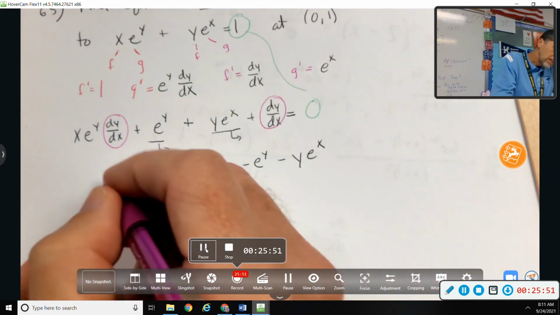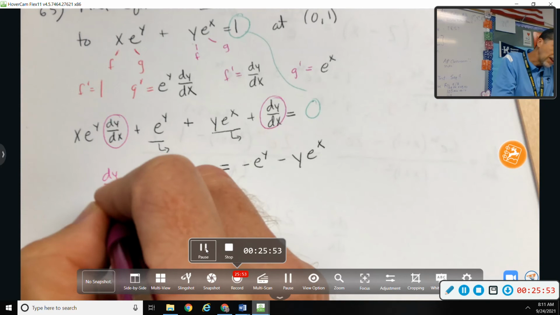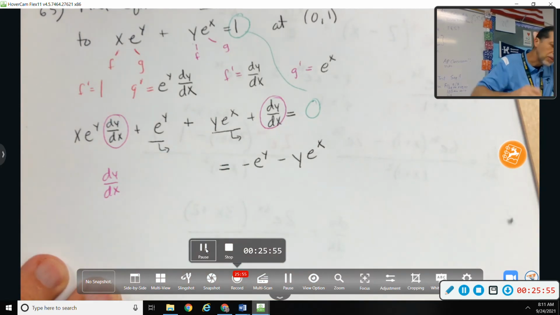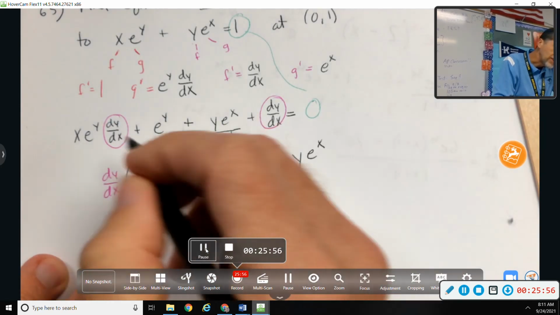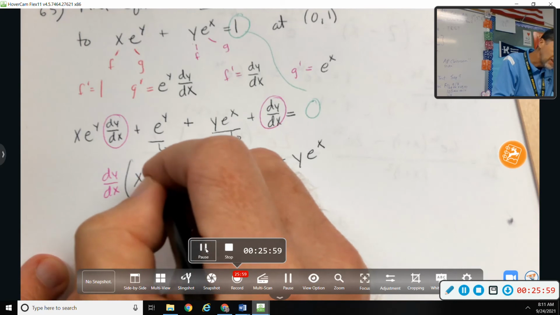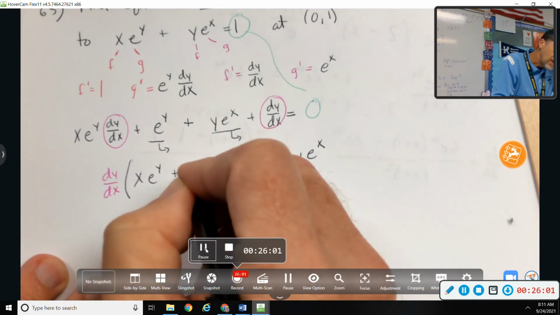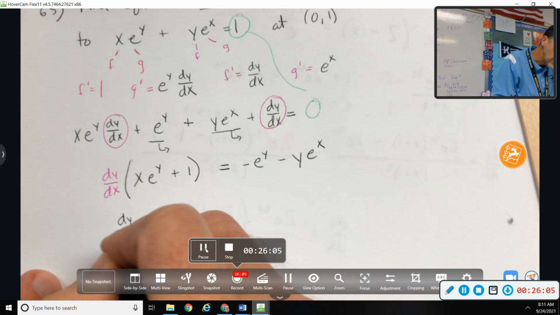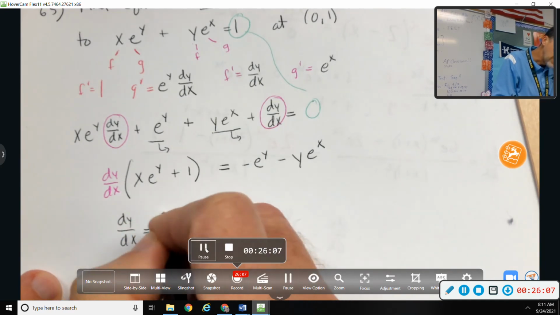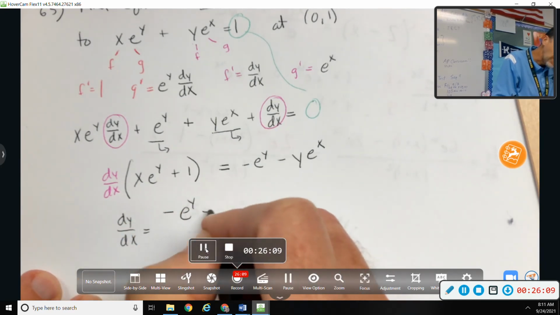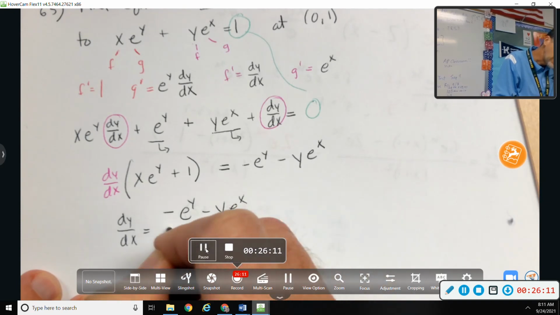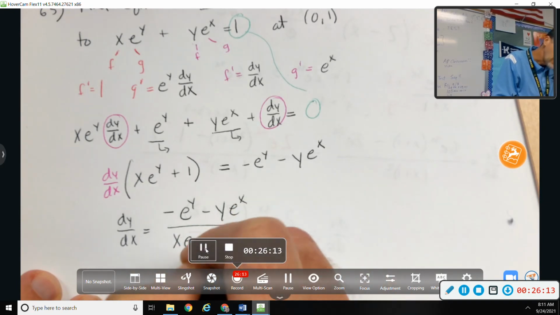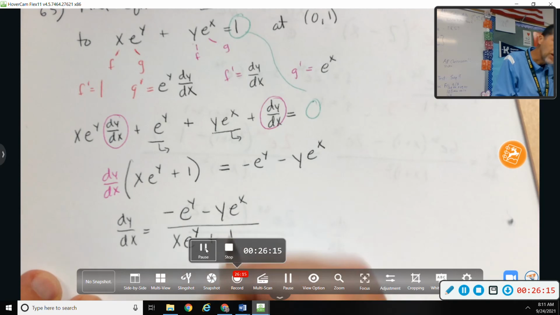Take out dy/dx. I'm trying to skip some steps here. So I'll factor out a dy/dx. So dy/dx is negative e to the y minus y e to the x over x e to the y plus 1.